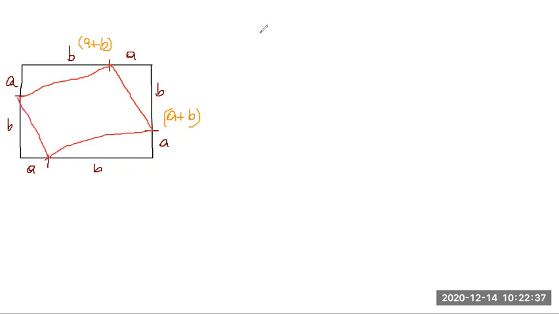And then say I call the inside parts C. C, C, C. So now I have a square on the outside and I have a square on the inside.